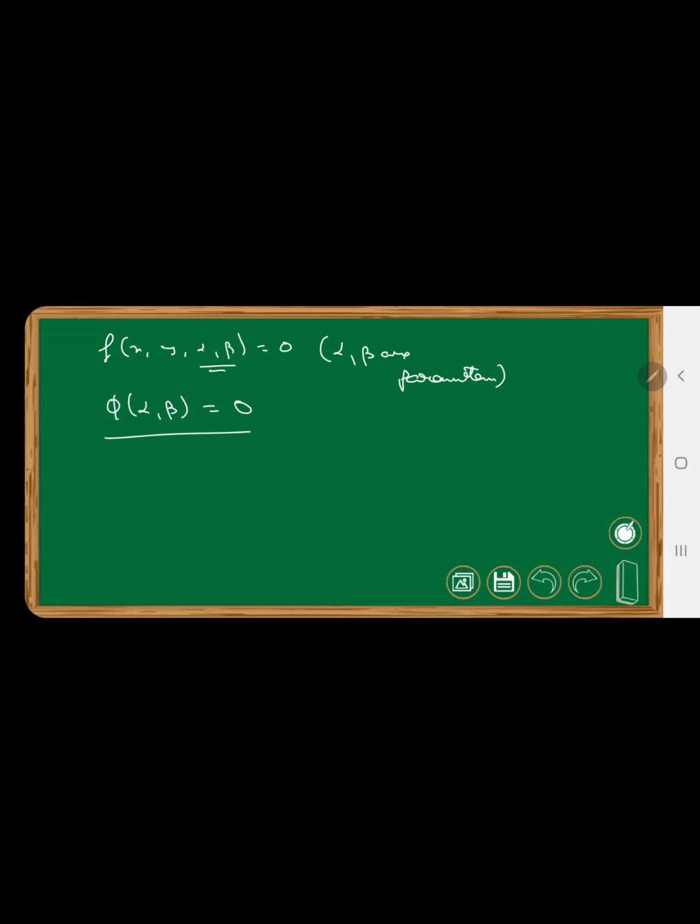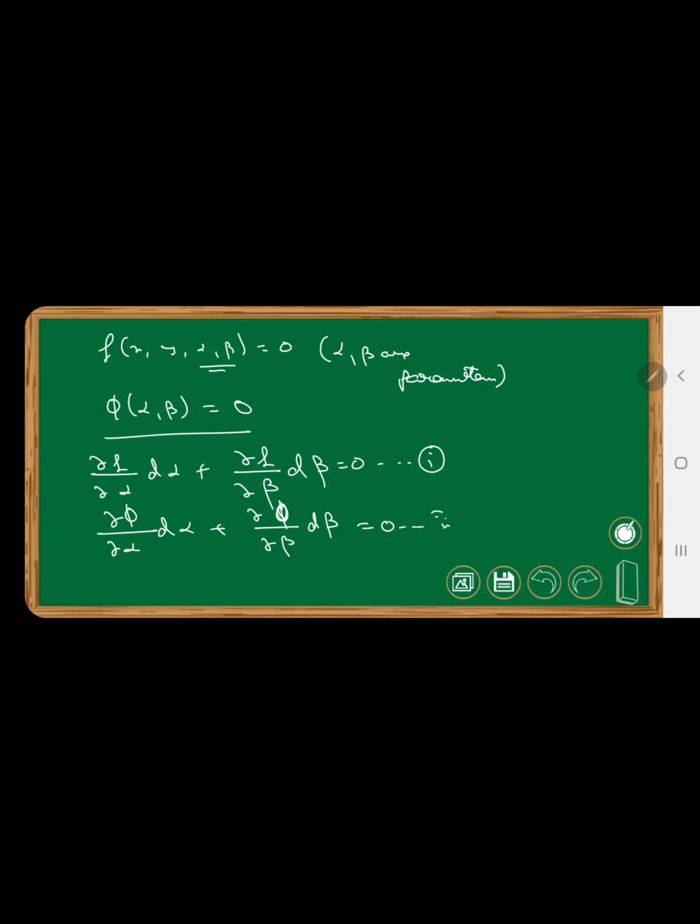The first equation being the partial derivatives of f, plus so on, equals 0. This is the first equation. Similarly, the partial derivative of phi with respect to alpha d alpha plus the partial derivative of phi with respect to beta d beta is equal to 0, this is the second equation.